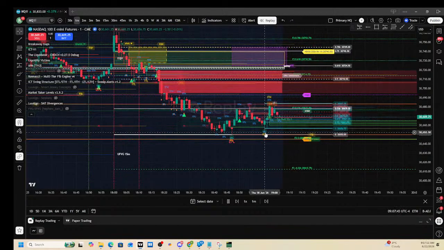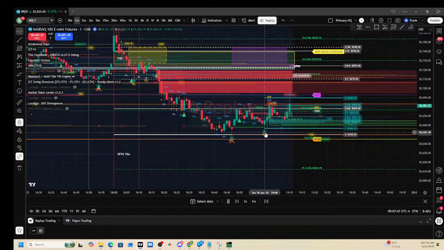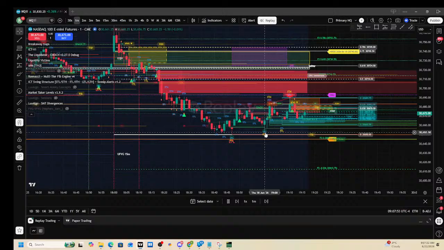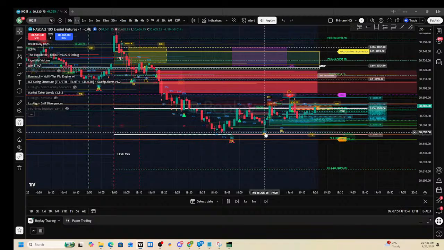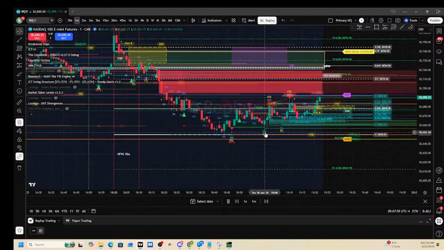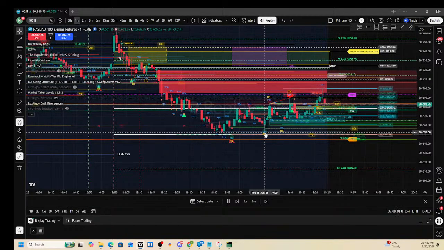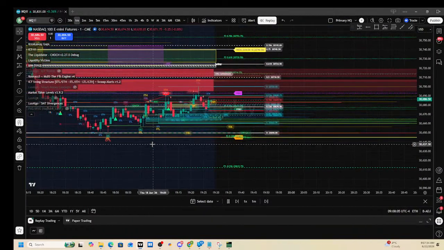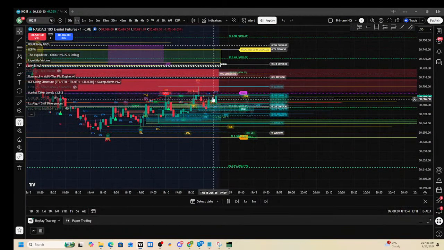Okay. Yeah, this is coming back up. You got yourself a nice little OTE. Probably past that breakaway gap. Try to test this one. Let's see what happens at 8 o'clock. Clearly the trend seems to be going up.